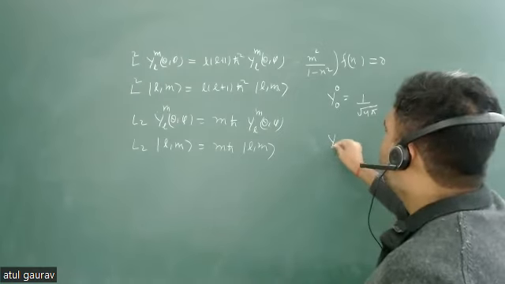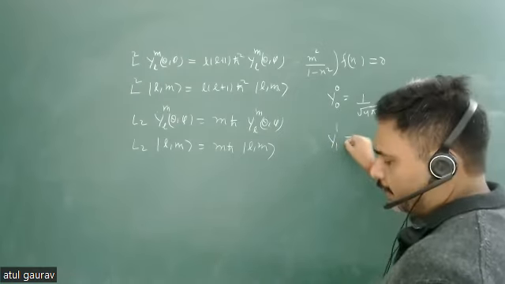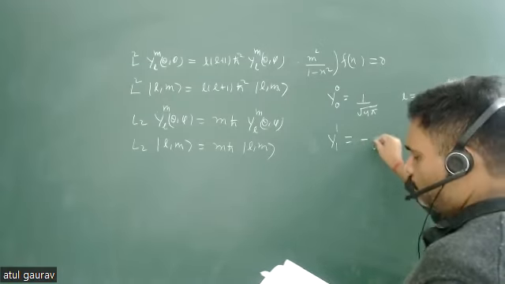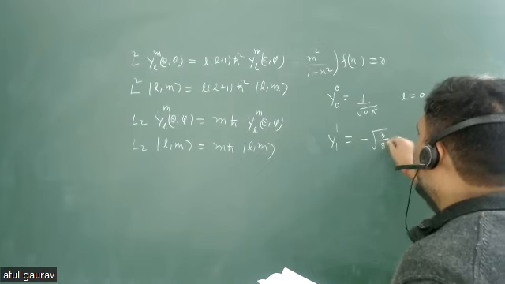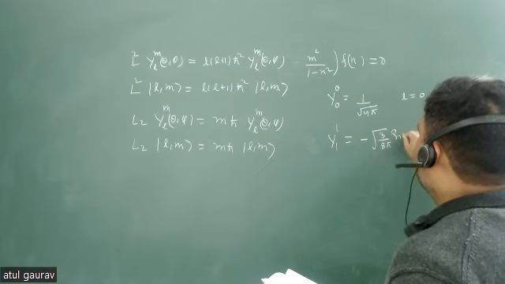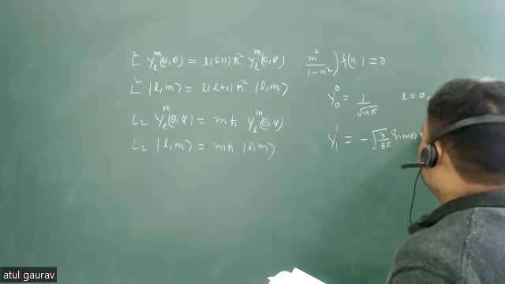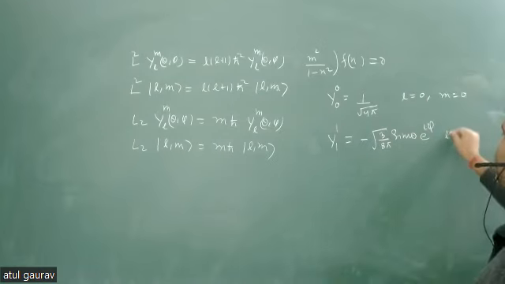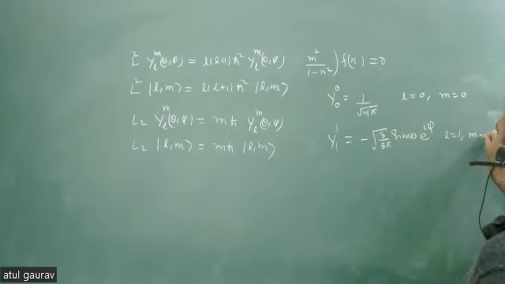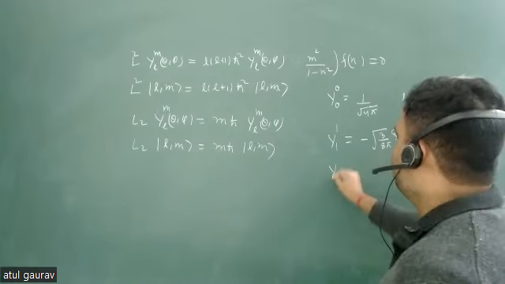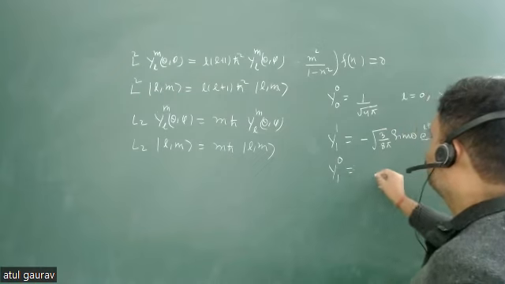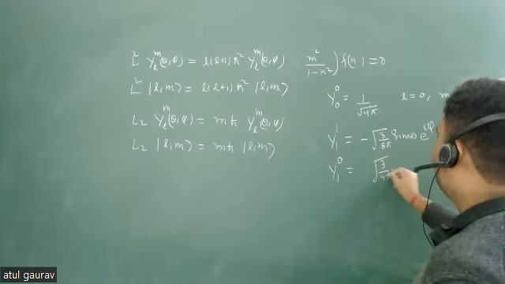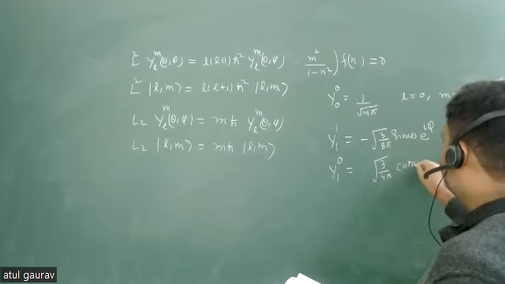Now Y 1 1, that value is equal to minus root under 3 upon 8 pi sine theta e to the power i phi, means L is equal to 1, m is equal to 1. Y 1 0, that is root 3 upon 4 pi cos theta.